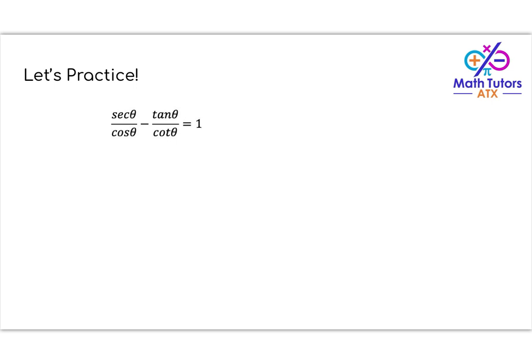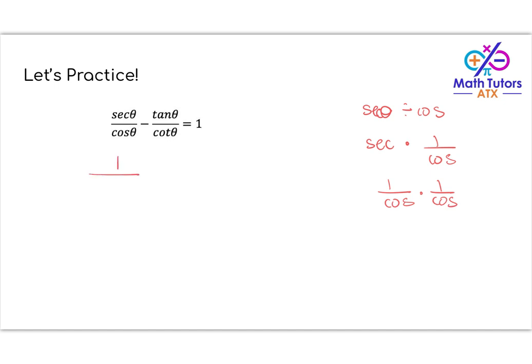All right, here's another one. Again, one of the best strategies to use is to change everything into sine and cosine. Now right here off to the side, I'm going to show you, okay, secant divided by cosine is the same thing as secant times 1 over cosine. Well, we know secant is 1 over cosine, so really I have 1 over cosine times 1 over cosine.